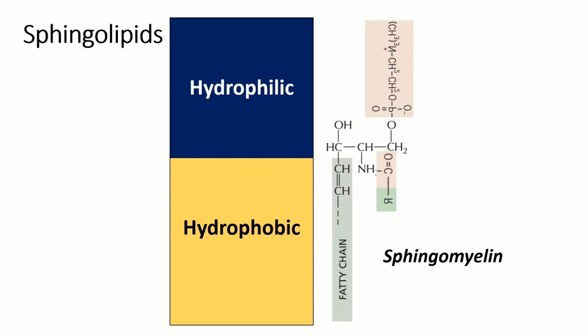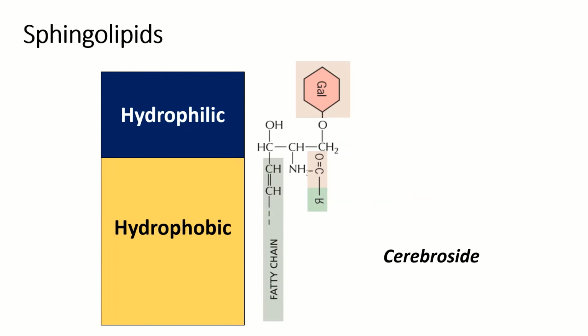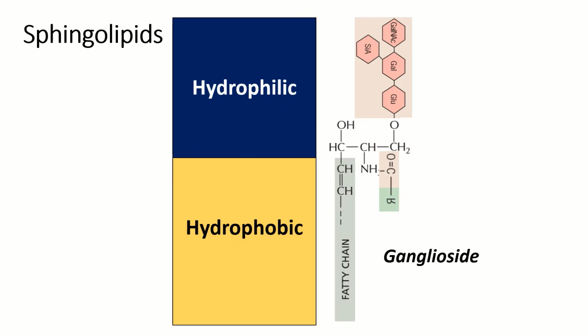Notice that the names actually give out the location where these lipids may be found. These are found in nervous tissues. Then we have cerebroside. Then we have ganglioside, still a sphingolipid.